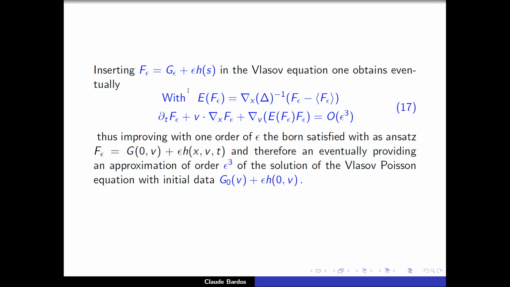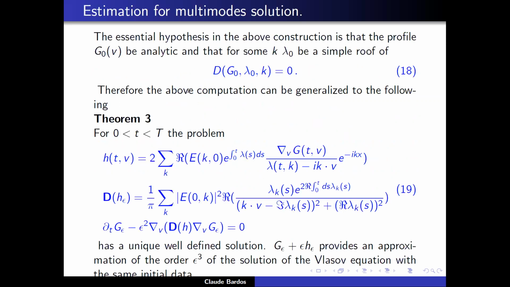Okay, so I turn that, and then I come back and comment on that. The essential hypothesis is that the profile G of 0 will be analytic, and that for some k and lambda 0, G's lambda 0 and k become a simple root of the diffusion equation.